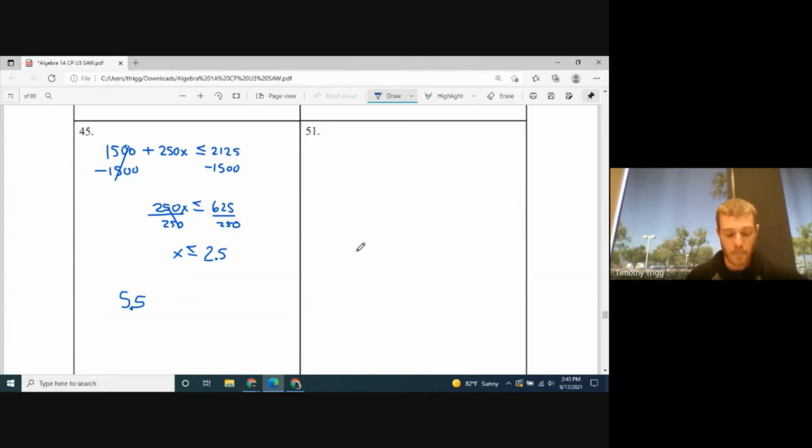Okay, number 51. A sales associate in a shoe store earns $325 per week plus a commission equal to 4% of her sales. This week, her goal is to earn at least $475.